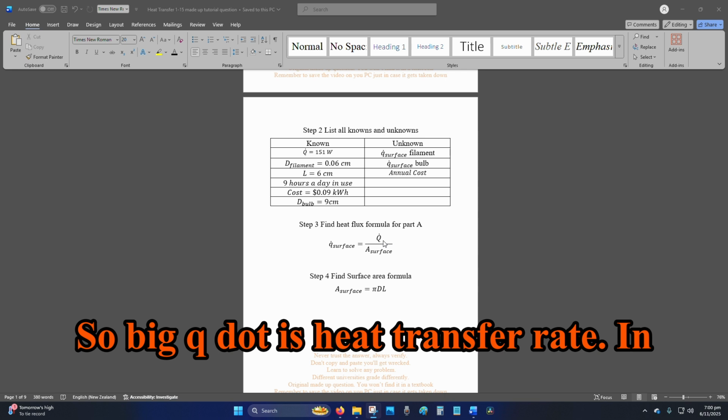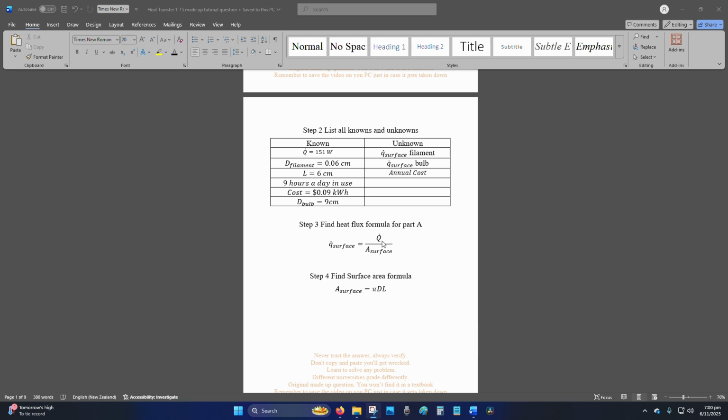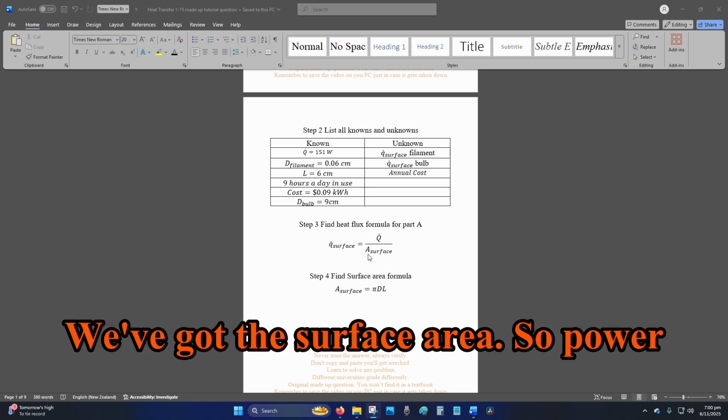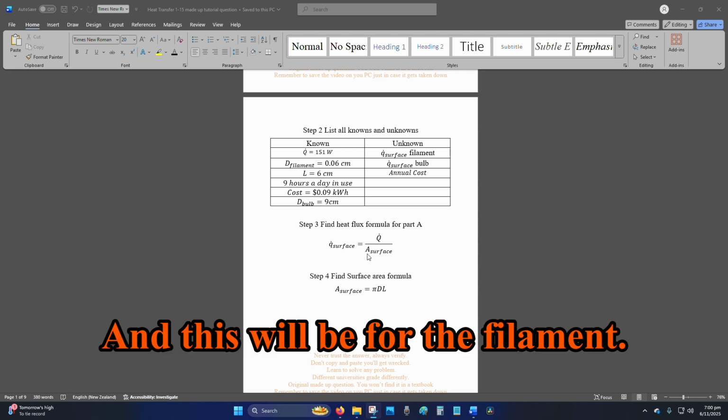So big Q dot is heat transfer rate. In this case, it will be the power, which is 151 watts. We've got the surface area, so power divided by the surface area, and this will be for the filament.